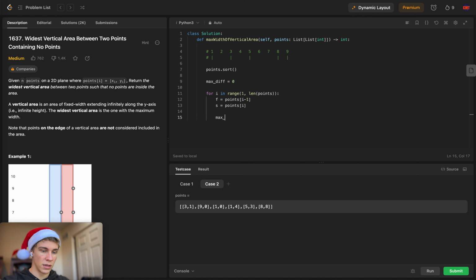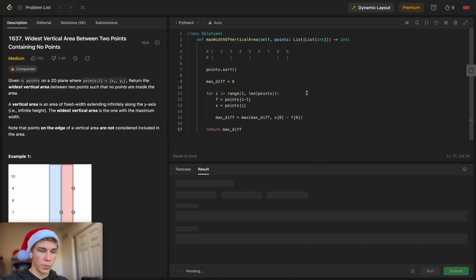Then say max diff is equal to max of max diff and s[0] minus f[0]. What I'm doing here is finding the maximum between the existing maximum difference, which is 0, and the 2 points that I'm iterating over. And keep in mind that I'm iterating over all adjacent pairs, returning the max diff.